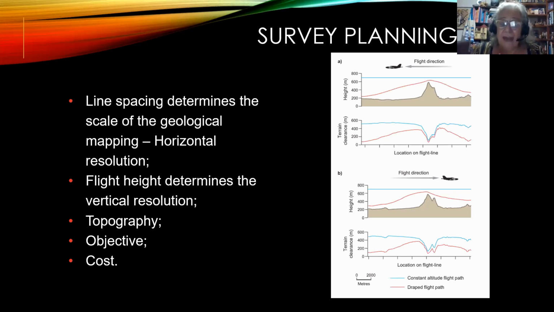And the flight height above the terrain determines the vertical resolution. This is for you to keep in mind when you are setting up an acquisition. The topography is very important. Of course, flat topography is a lot easier, and the objective, and of course, the cost.